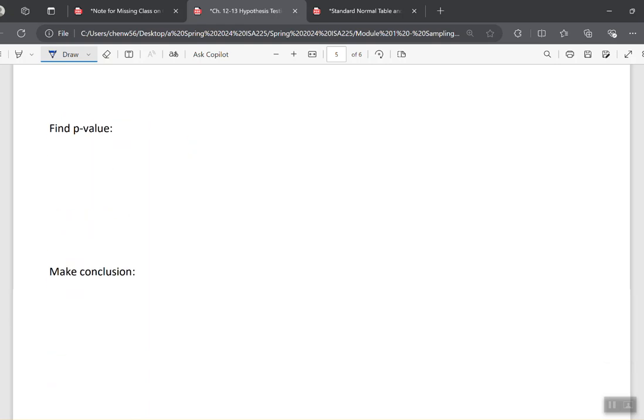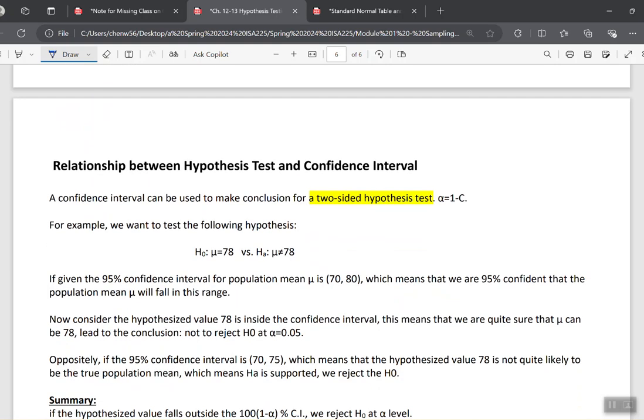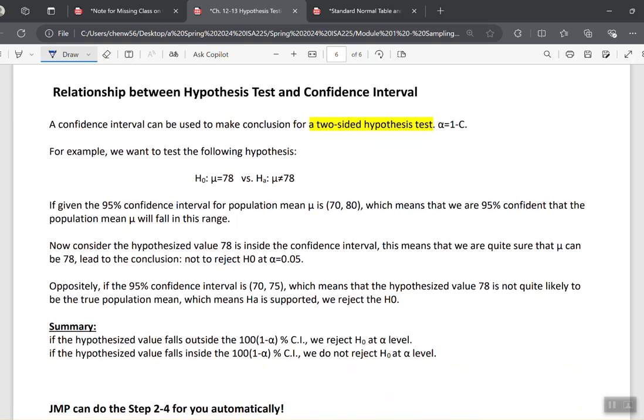All right, and then actually we have one more topic to go in this hypothesis testing chapter. We have already talked about the confidence interval and the hypothesis testing, and we can see that there are several common things between these two, and sometimes you got confused and sometimes you got them connected.